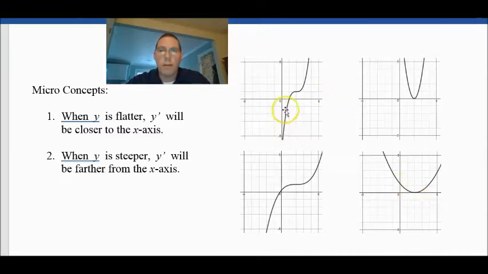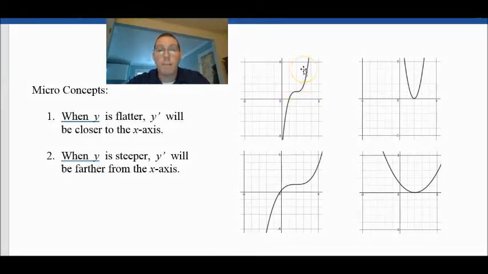Notice also that both graphs have a positive slope, then a zero slope, then a positive slope. And so their derivatives should have a positive value, then zero value, then positive value. That means above the x-axis, touching the x-axis, and above the x-axis again.